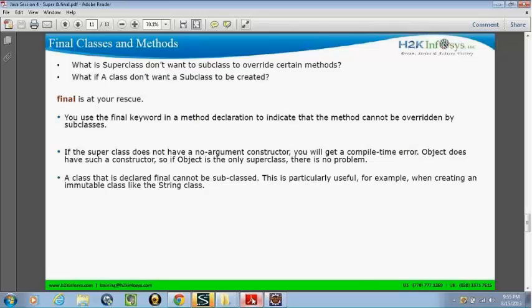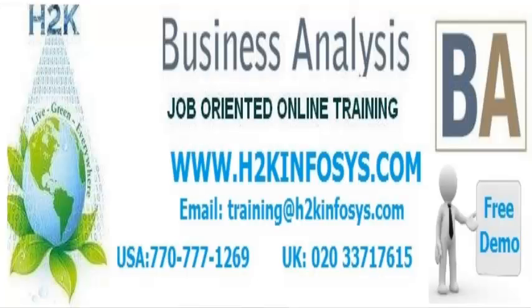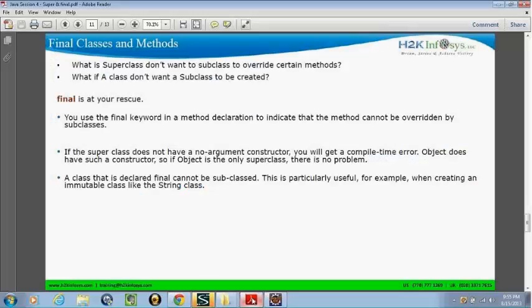Final keyword, super keyword, constructors, method overloading, method overriding, interfaces, anything. So actually polymorphism is part of inheritance and the interface, right? See, it's not inheritance or interface that makes polymorphism. Overloading and overriding make polymorphism.